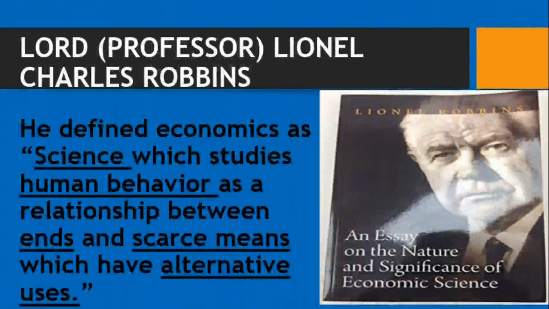Then our scarce resources are limited. An example is money. Money is scarce. And most of these scarce resources can be put to alternative uses. For example, land that is purchased to build a house can be put to an alternative use as a garden.